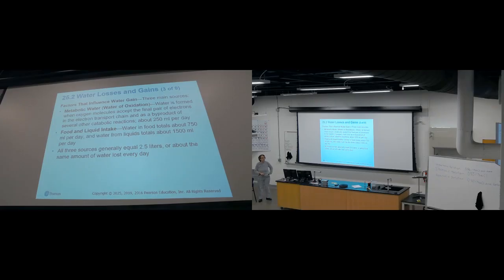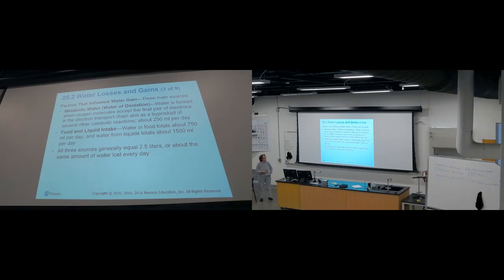Now, factors that influence water gain. Well, not necessarily metabolic water, because metabolic water is about 250 to 300 milliliters that we all produce per day through our metabolism in the mitochondria.